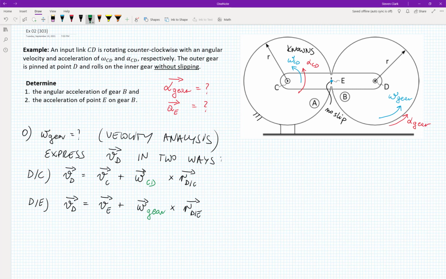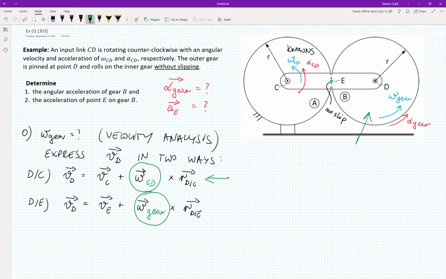So guys, the answer is the following. We choose omega CD in here because in this equation we just analyze the motion of the link. Do you see that? We put omega gear in here because in the second equation we just analyze the motion of this cylinder.